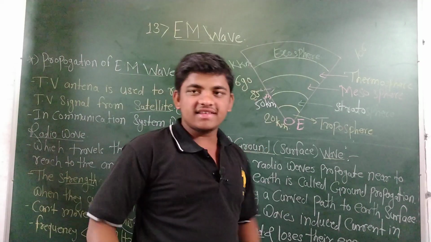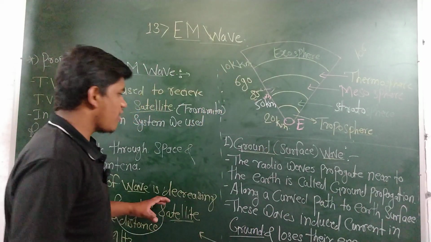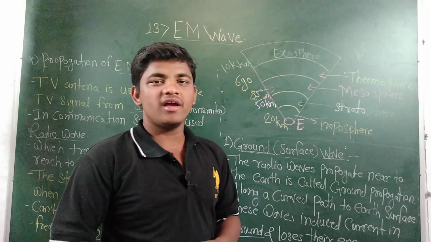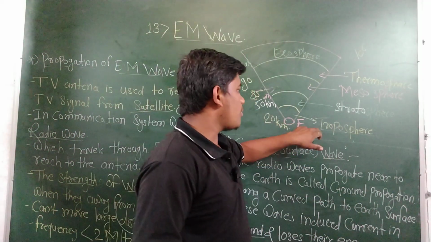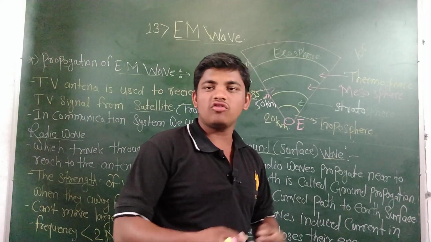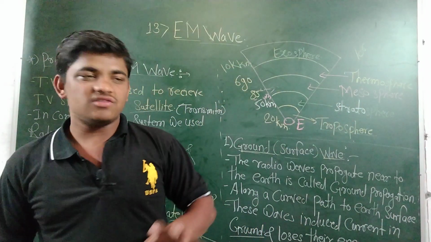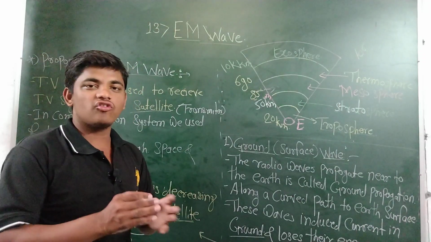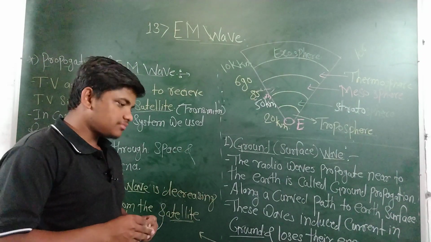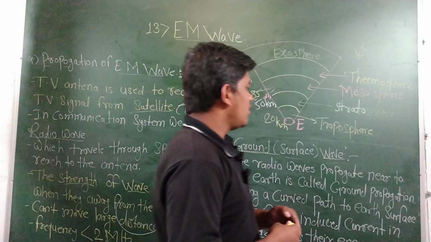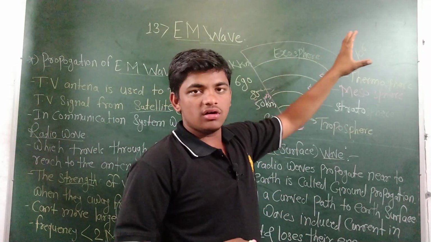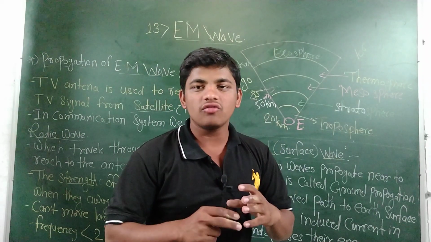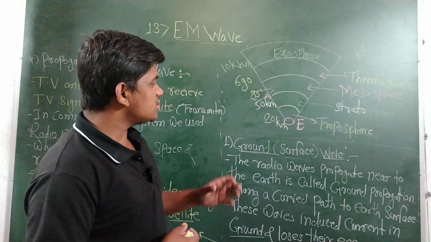Before the discussion of the types of propagation, we discussed the atmospheric spheres of the earth, that is troposphere, stratosphere, mesosphere, thermosphere and exosphere. These are the 5 different layers of the earth's atmosphere. When moving away from the earth's surface, the thickness of the atmosphere increases.